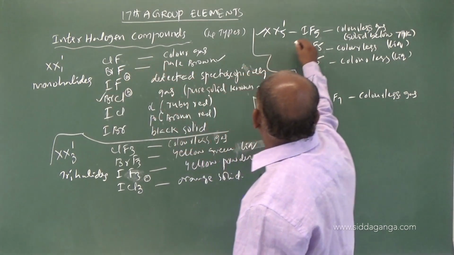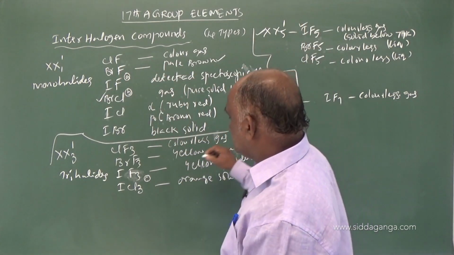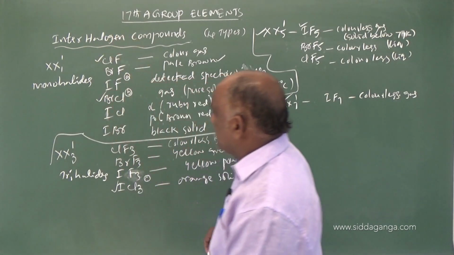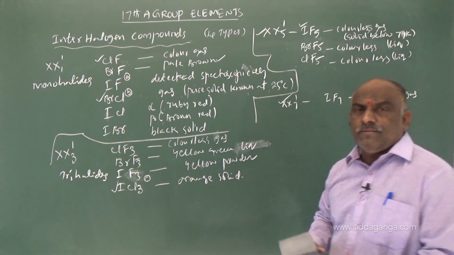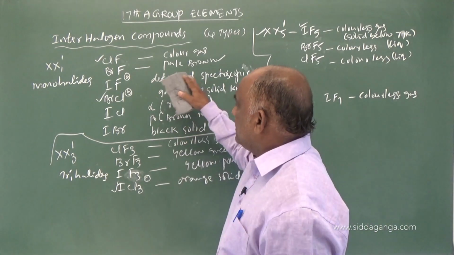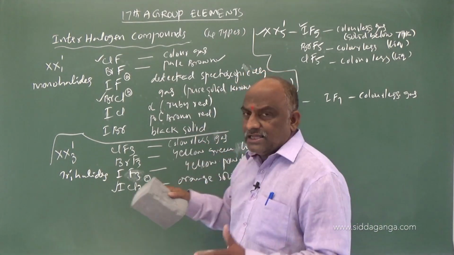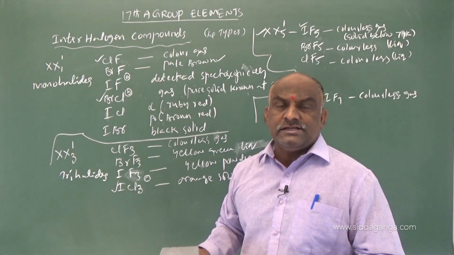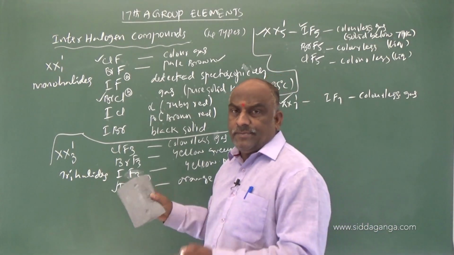So you should make a tick mark for this type of examples. You should concentrate on the remaining points regarding this. So this is the classification of interhalogen compounds: monohalides, trihalides, pentahalides and heptahalides.